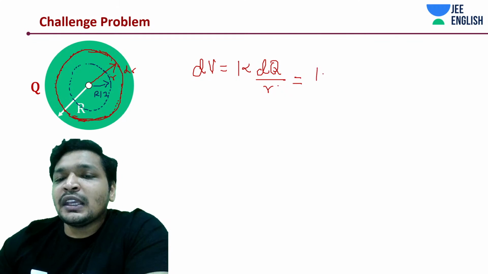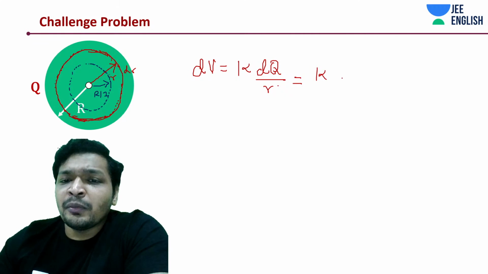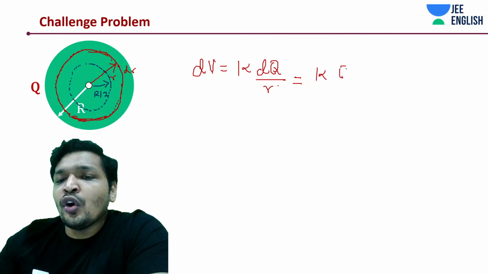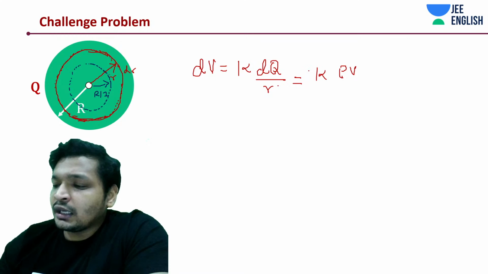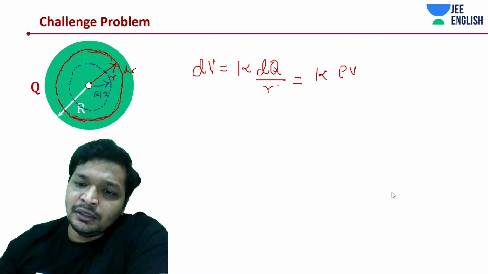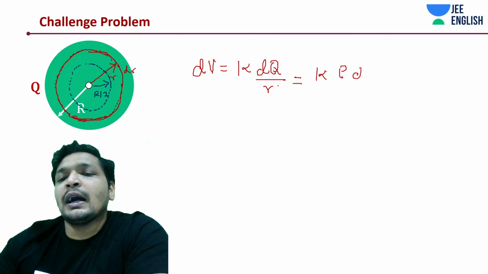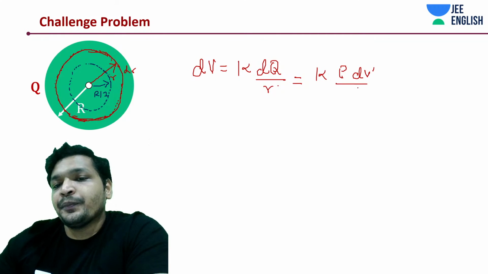So it's going to be k into dq. How much is dq? Rho into the volume. Let's give it a name like small dv, makes more sense, like a small unit volume.